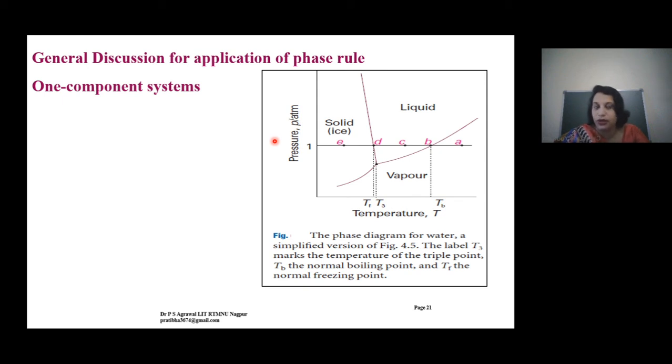So if I take C as 1, as it is a one component system, and P as 1, I get F equal to 2. 2 means pressure and temperature. So I can plot the phase diagram for water or any one component system as a graph between pressure and temperature.